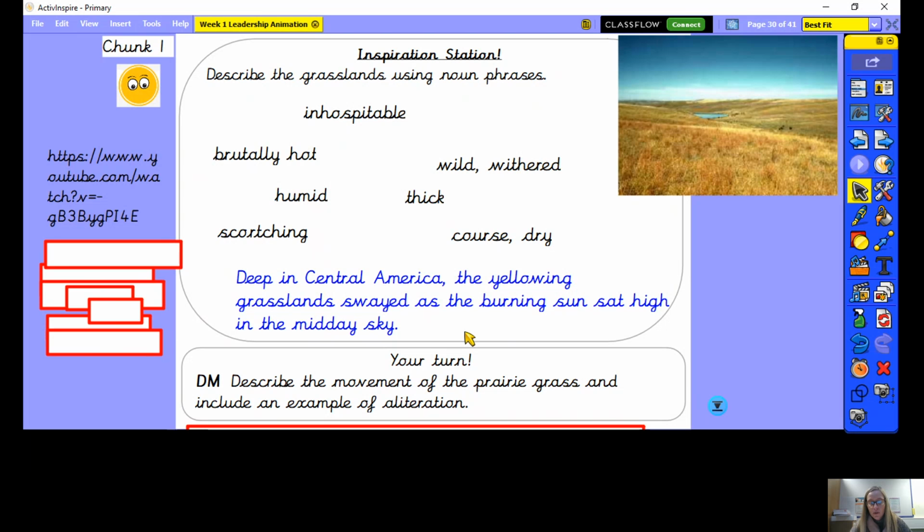Think about when you're writing your complex sentence, maybe try and change the subordinating conjunction as. Maybe you could change the order of the sentence. As the burning sun sat high in the midday sun, deep in Central America, the yellowing grassland swayed. Now have a go at writing your sentence.